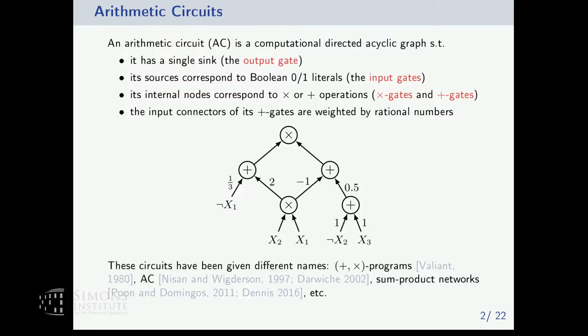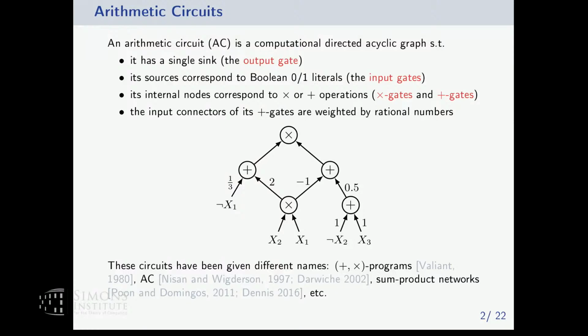So it means that some plus gates are actually computing subtraction and not addition.